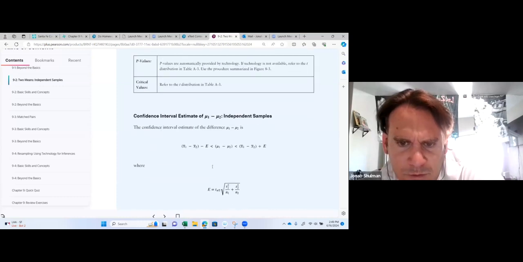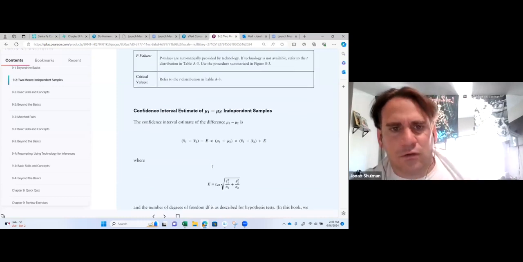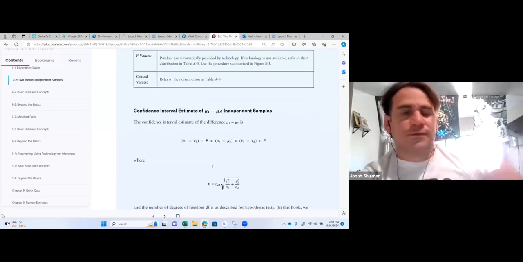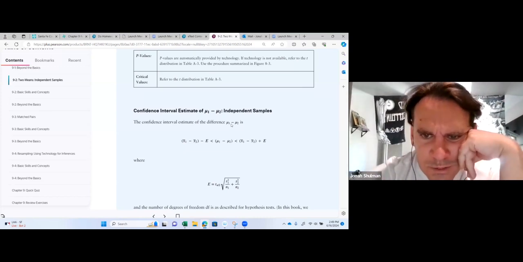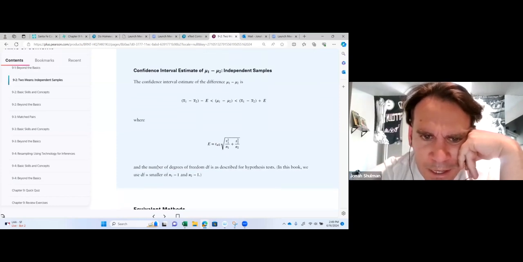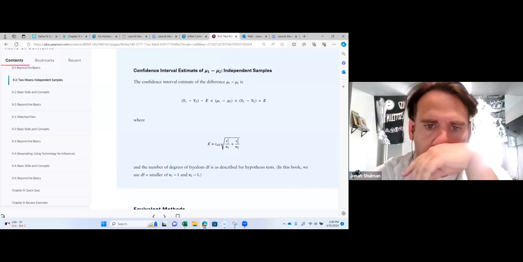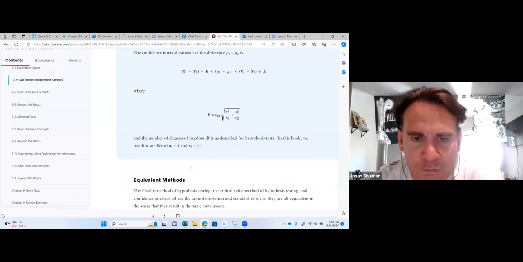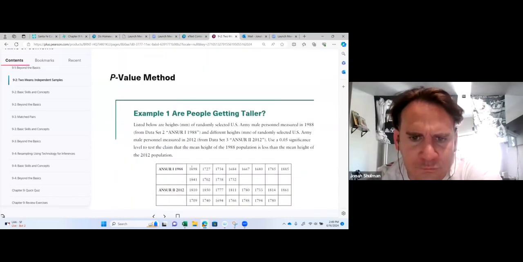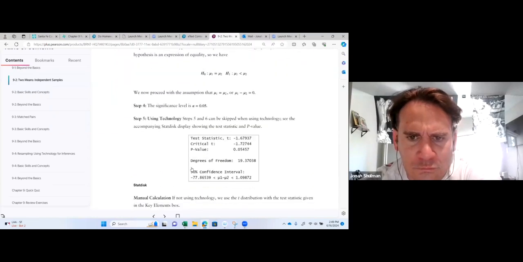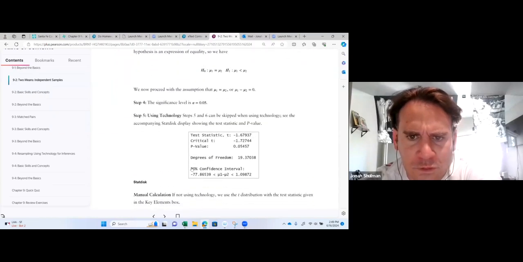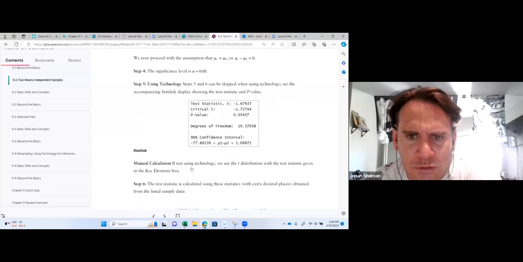P values, the critical values. All right, here we go. The confidence interval. Confidence interval estimates the difference between the population mean 1 and the population mean 2, and the number of degrees of freedom. Okay. Using technology.